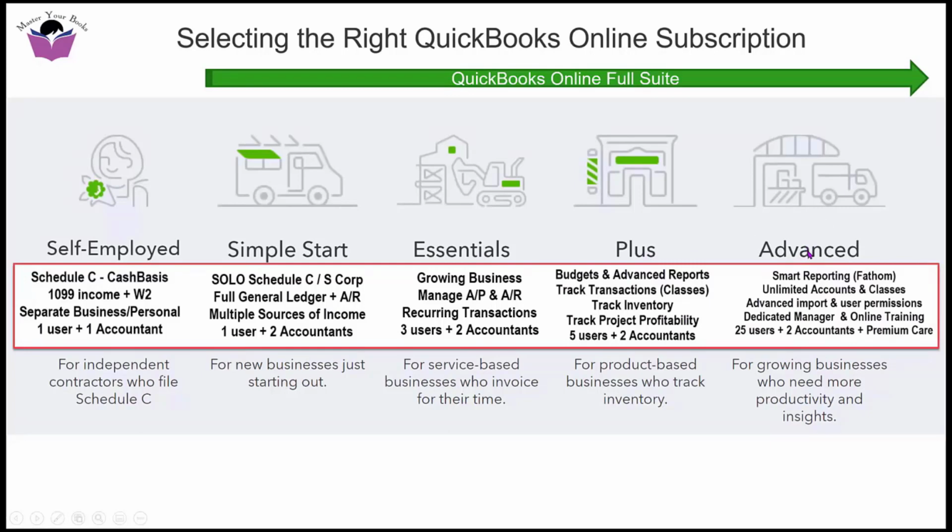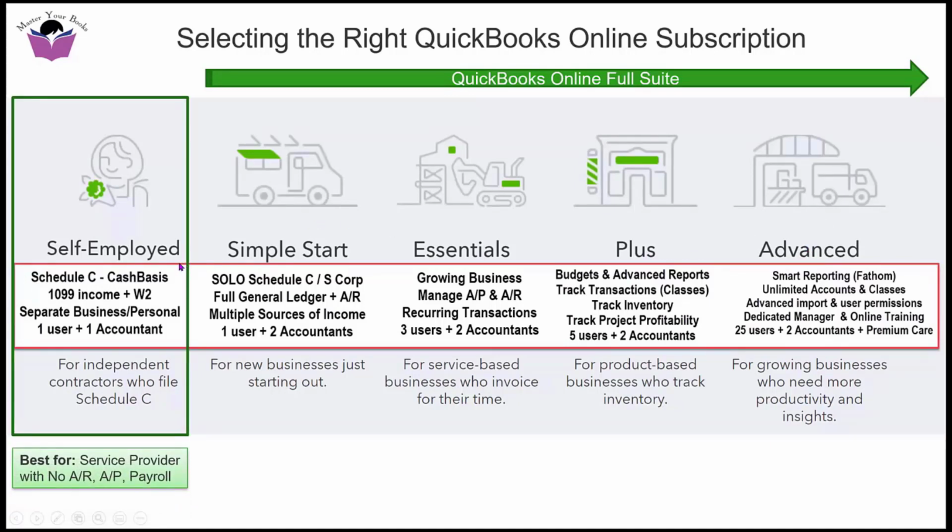However, the very first version, called QuickBooks Online Self-Employed, is specifically designed for the self-employed 1099 contractor. It's a separate suite from the QuickBooks Online full suite because it is not a full general ledger tool. It's actually a cash accountability tool, which is great for QuickBooks Self-Employed users that essentially have been using a shoebox, or a paper and pen and notepad, or an Excel spreadsheet.